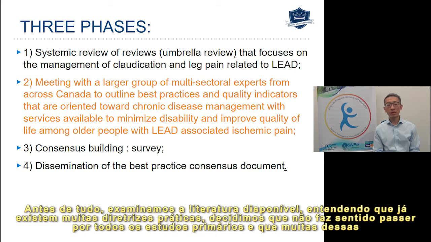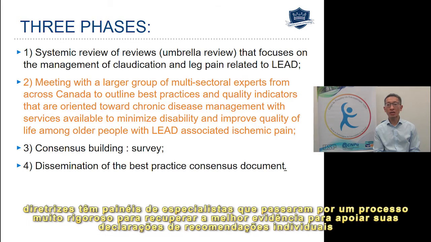First of all, we look at the available literature. Understanding there are a lot of practice guidelines out there already, we decided that there's a lot of work to go through all the primary studies. And a lot of the guidelines have expert panels that have gone through a very rigorous process to retrieve the best evidence to support their individual recommendation statements.